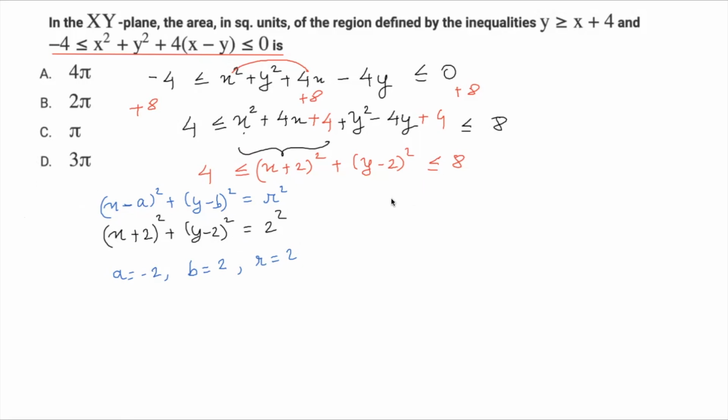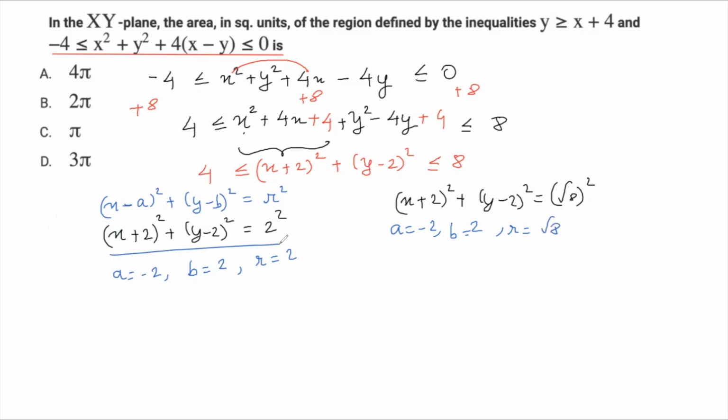Now, let's observe the exact same thing for the next equation. (x + 2)² + (y − 2)² = (√8)². This is again the equation of a circle whose center coordinates are the same, (−2, 2), and the radius r will be √8. Technically, these two equations are two circles having radii √8 and 2 and center coordinates (−2, 2).